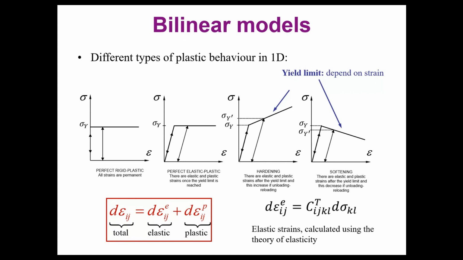because our model is now more sophisticated and is able to capture not only the loading and unloading and the plastic deformation that this will produce, but as well the changes in the yield strength in plastic regime.